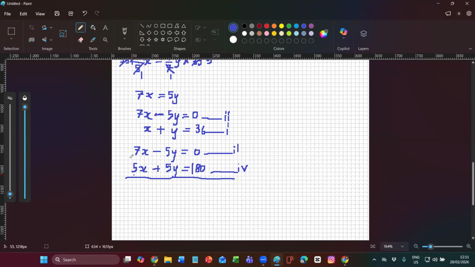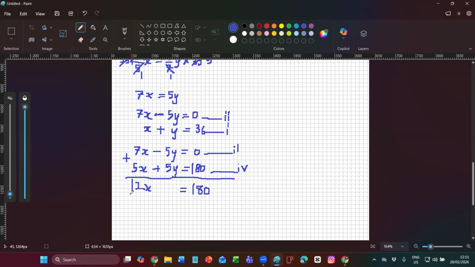So if we add, that will leave me with 7x plus 5x being 12x. Minus 5 plus 5 is 0. Equals 0 plus 180, which is 180.